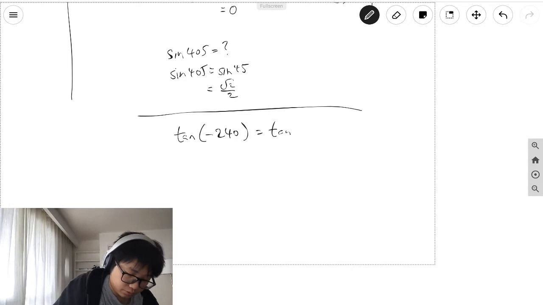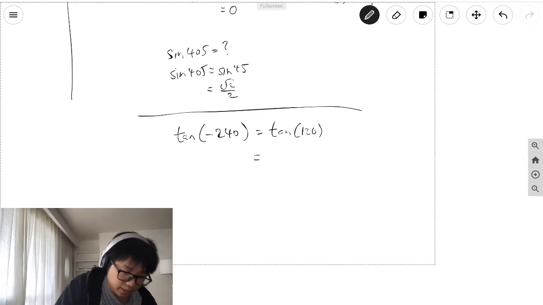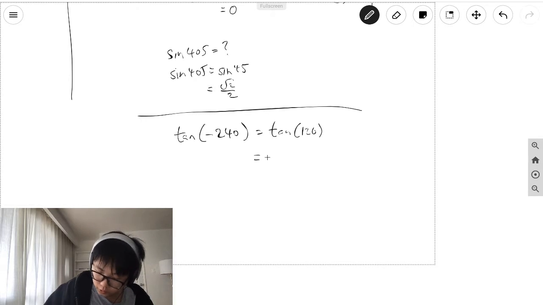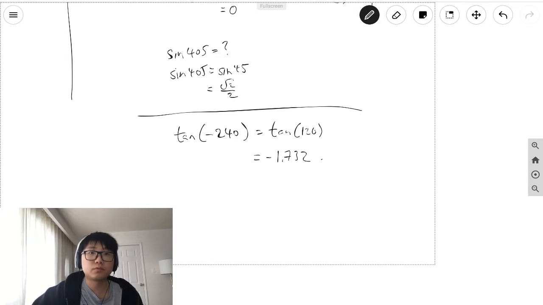So that turns into negative 240 plus 360, which is 120. And then tan 120 is going to be negative 1.732.